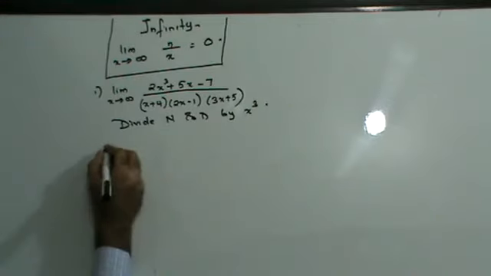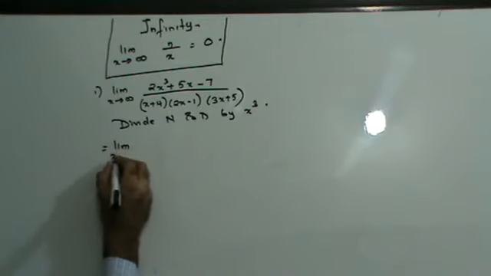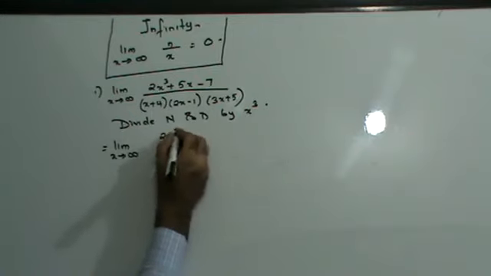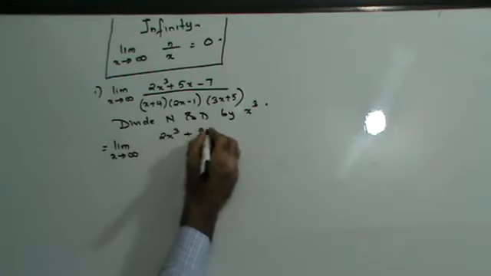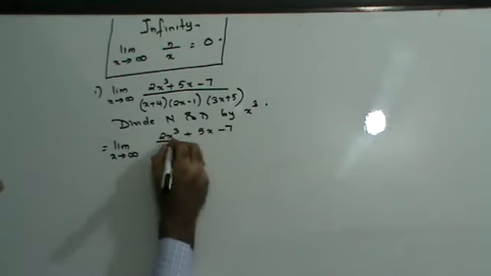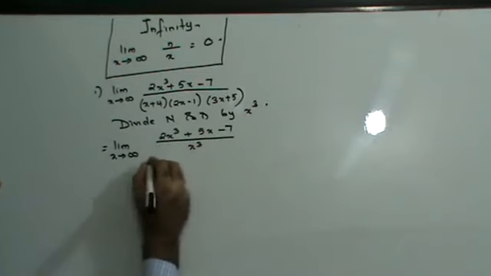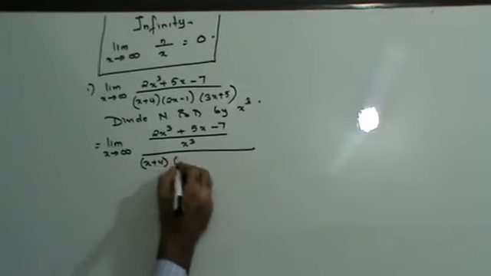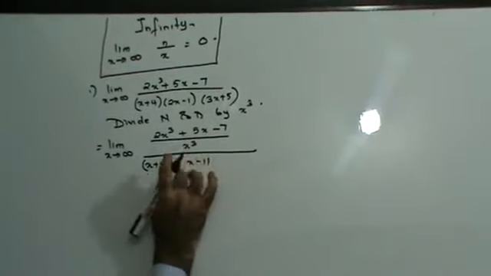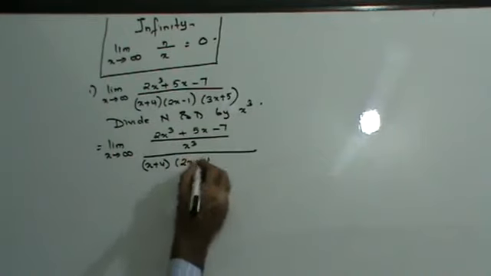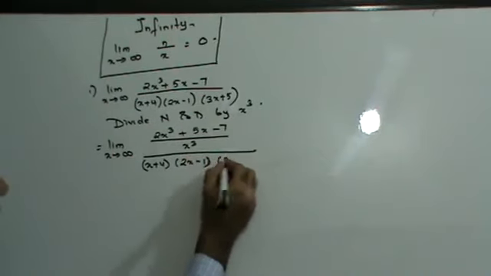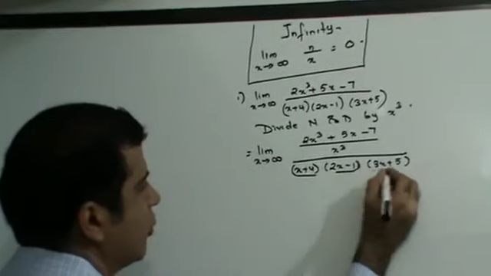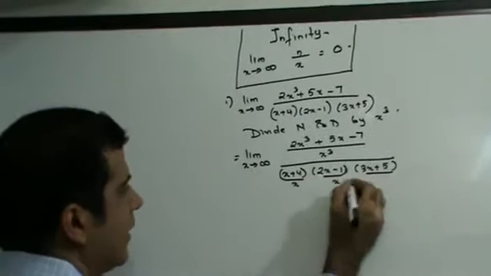If I divide numerator and denominator by x cube, I'll get limit of x tends to infinity, (2x cube plus 5x minus 7) divided by x cube upon (x plus 4)(2x minus 1)(3x plus 5). Now see how I divide this by x cube. I need 3 x's in the denominator, so I am writing them separately.